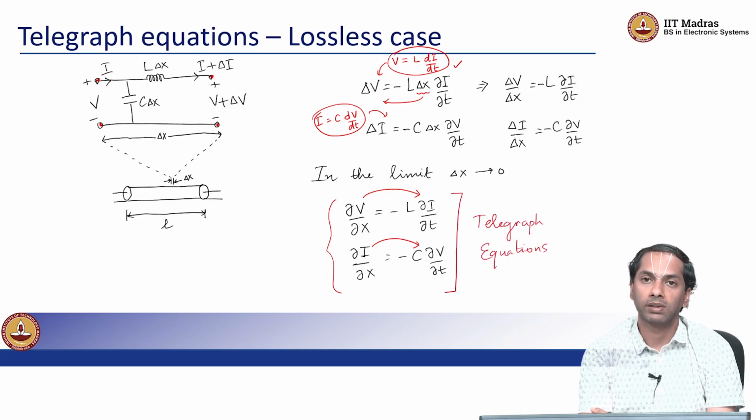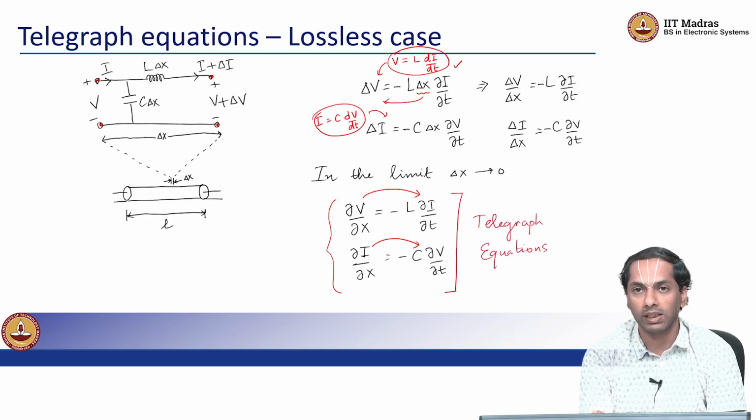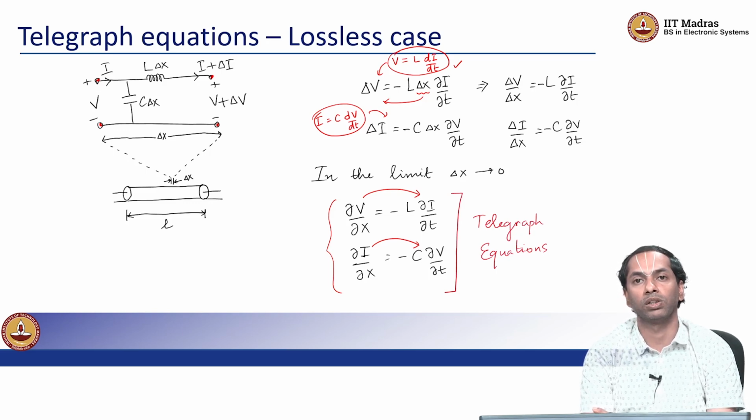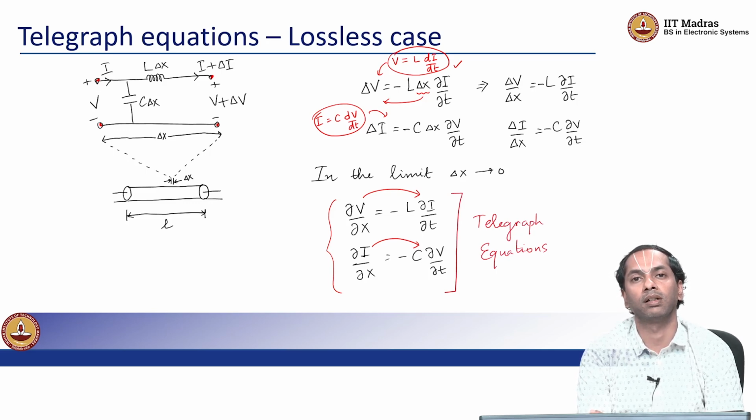To give you some satisfaction that we are on the right track, in the next section, I will derive these same set of equations using Maxwell's equations as well, just to give you some assurance that these circuit models that we come up with completely encompass all the effects that we expect to see from the fields, right?